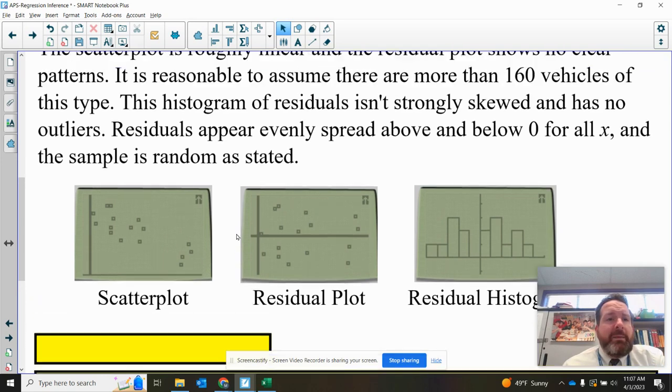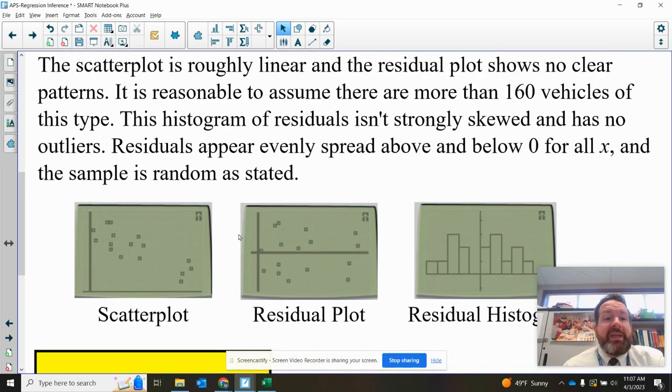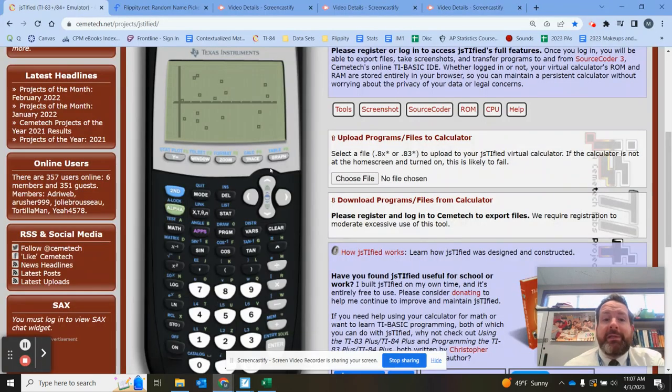Now, when it comes to the actual confidence interval itself, we're just going to let the calculator do it. If you go into your stat menu, over to tests, all the way toward the bottom, there's a linear regression t interval. We just need to tell it, I want L1, L2. Whoops, L1 for the X, L2 for the Y. Leave frequency at 1. Don't ever change that.